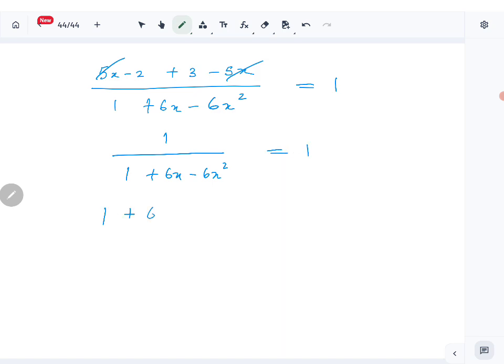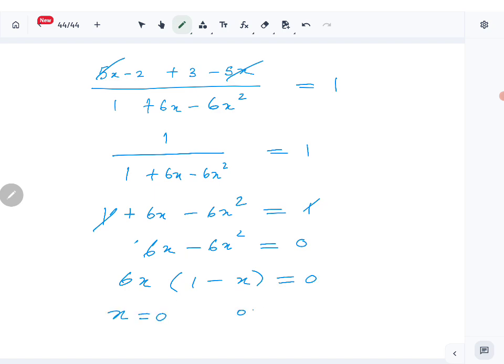So 1 plus 6x minus 6x squared is equal to 1. So the 1's cancel. You get 6x minus 6x squared equals 0. Take 6x out, so 1 minus x inside. So x equals 0 or x equals 1.